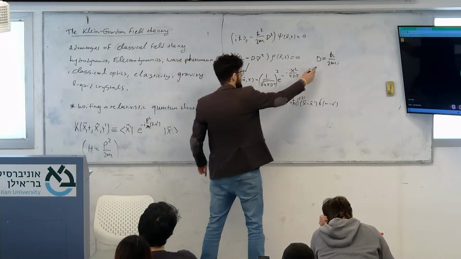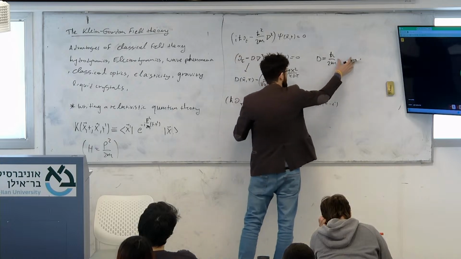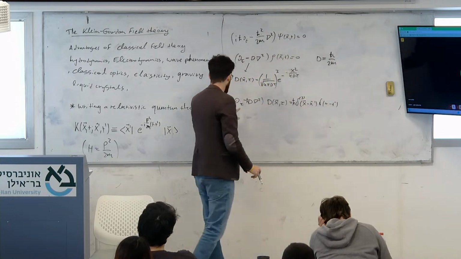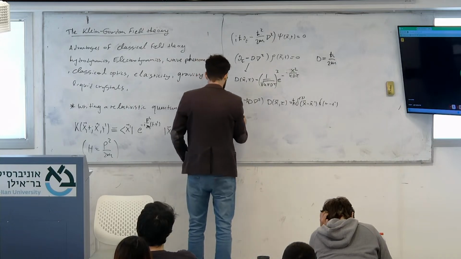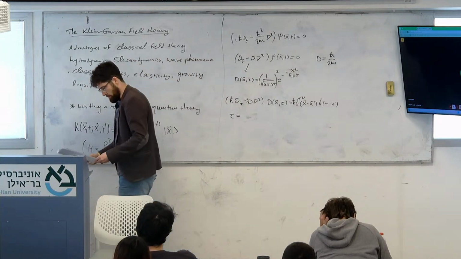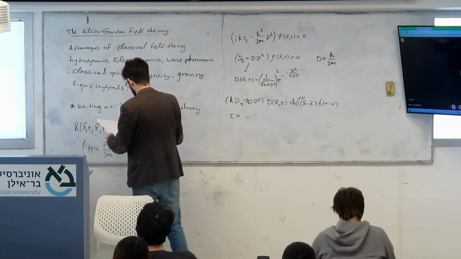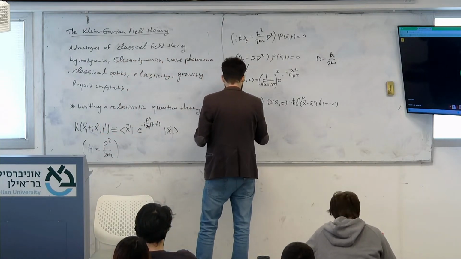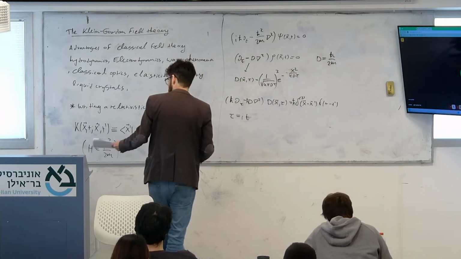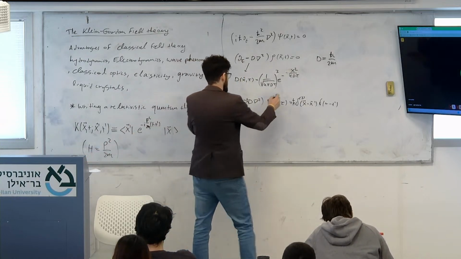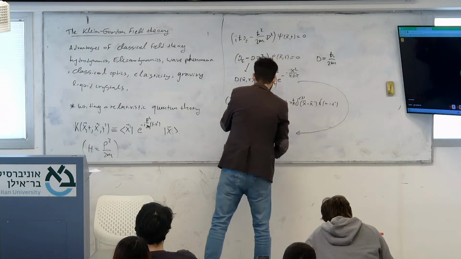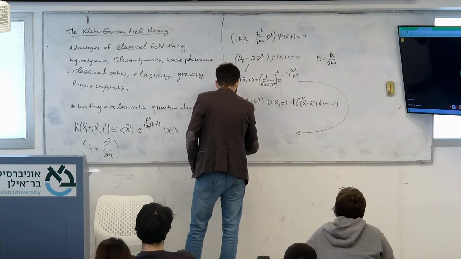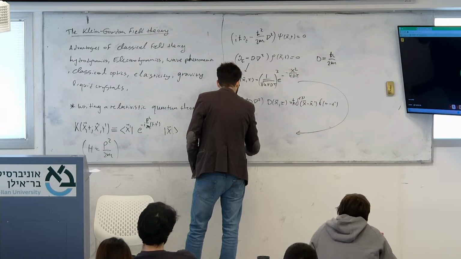And then D takes this value. And tau is equal to, here the sign is always confusing, tau is equal to i t. Okay, so then it means that in this expression, all I really need to do is write D of x and it.